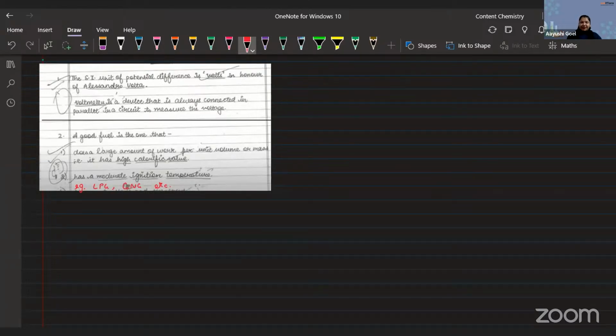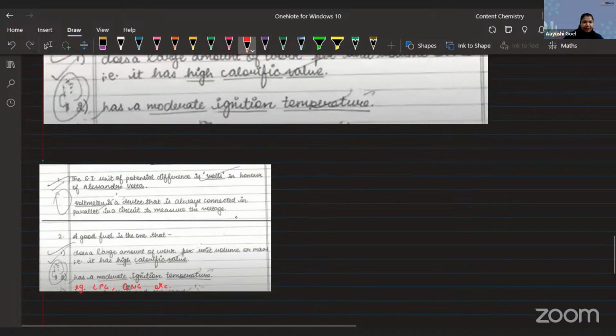Is that part clear? So the best tip when you are writing the answers, underline important words.